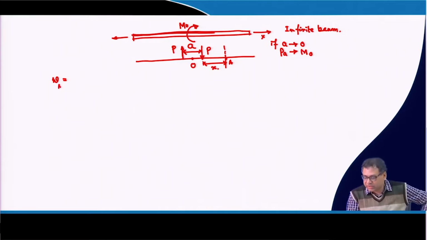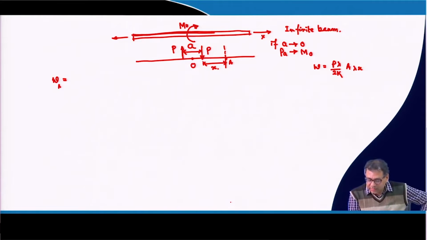The deflection equation for a concentrated load is w equals P lambda by 2k into A lambda x. Okay, that is the equation.